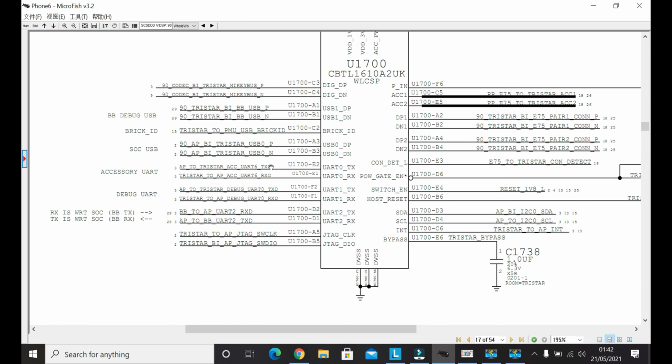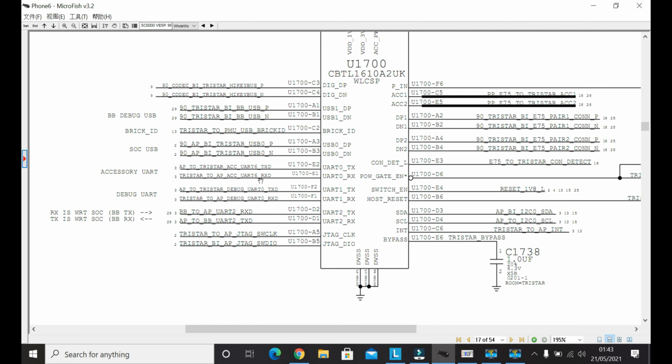That's an input signal from the application processor to TriStar. And then here again on the left hand side, TriStar to application processor accessory UART6 RXD. So this is how, in these modern day iPhone schematics, Apple explains the inputs and the outputs.